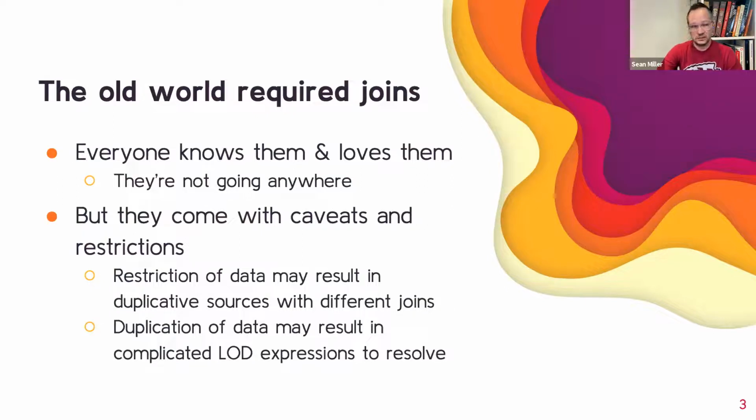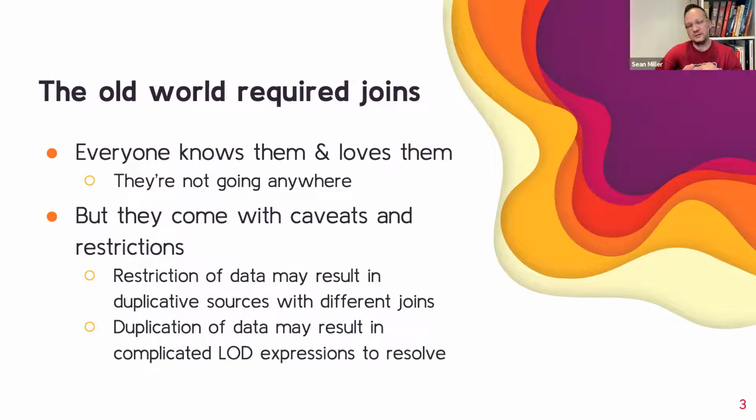One of them is that by doing some types of joins, you might be restricting the data in certain ways, which is something you might need to keep an eye on. And by doing that, you might have different data sources for different questions, which may result in duplicative data sources used to answer different questions.